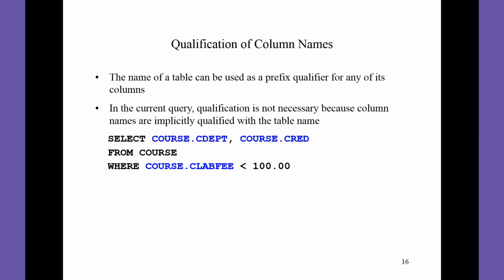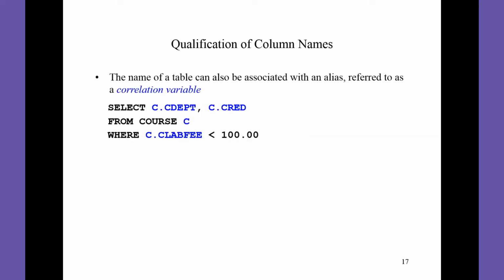Another reason to be aware of this column qualification technique, even when you're dealing with only a single table, is if you're using a program that generates SQL for you. These programs often qualify the name of the column with the name of the table, even if the query involves only one table.